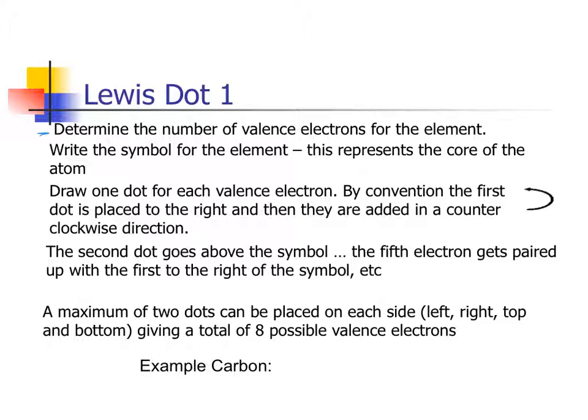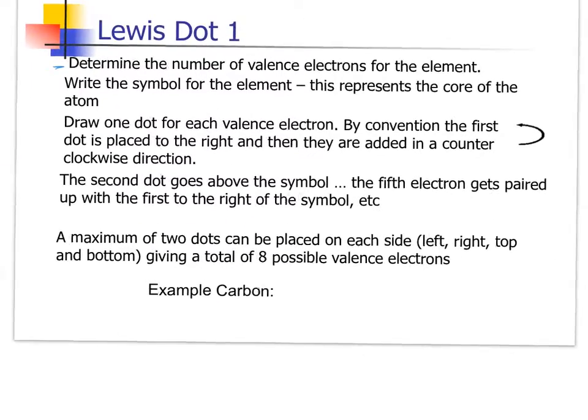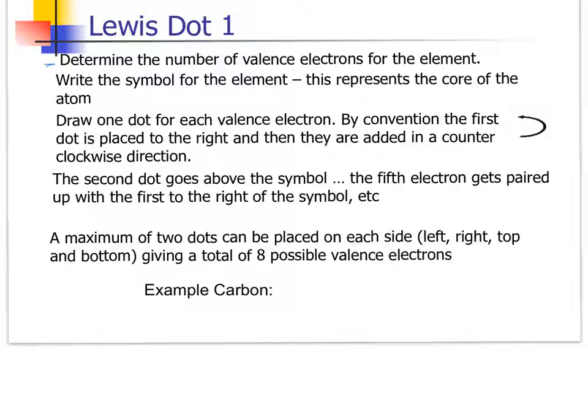So if you look at the first example, carbon, the number of valence electrons for carbon is determined by the group number. Carbon is in group 14, so that means it has 4 valence electrons. The number of valence electrons is equal to the last digit in the group number. So carbon is in group 14, and it has 4 valence electrons.